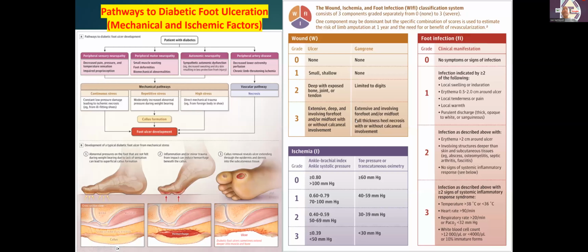So we have to understand the concept of the wound, ischemia, and foot infection, the WIfI classification. Also, we have to understand that in diabetic foot wounds there is tissue loss, and this tissue loss could happen in patients with diabetes because of sensory loss, which leads to mechanical problems, and leads to autonomic and vascular problems that lead to local hemorrhage and inflammation.